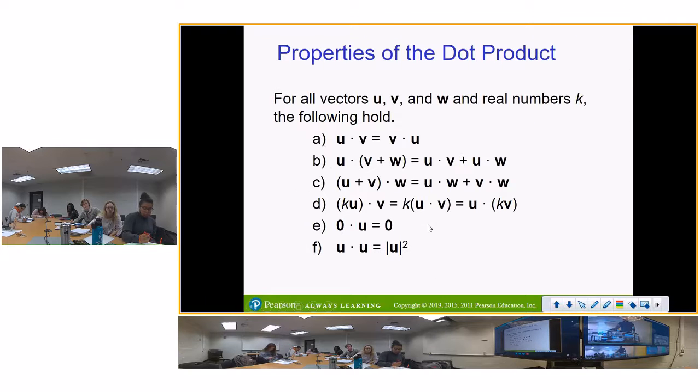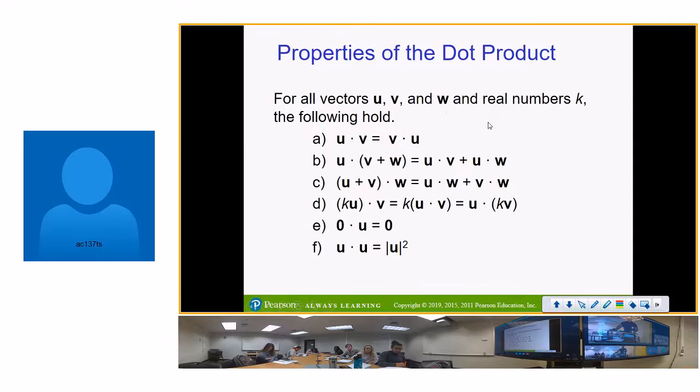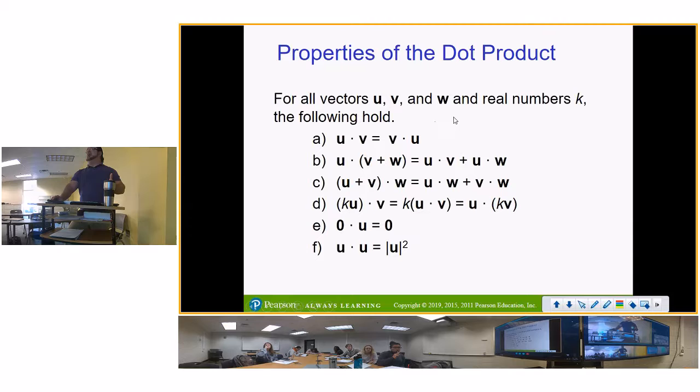Now, for all vectors U, V, and W, and real numbers K, the following hold. And most of these are the same things you learned back in 2nd grade. Commutative law, associative law, distributive law, multiplicative law, the theory of 0, which is that if you multiply anything by 0, you get 0.